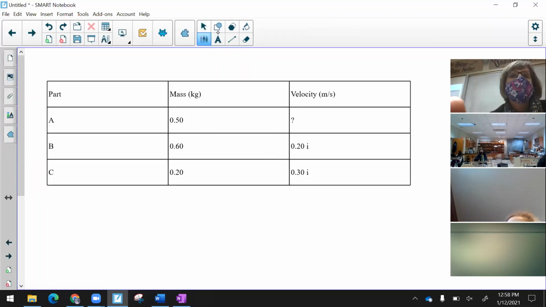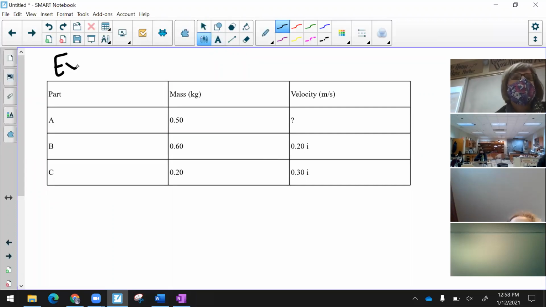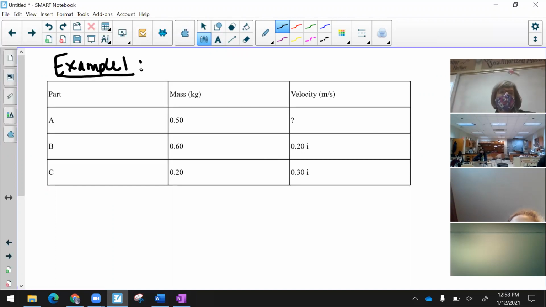Okay, so I don't know, I have my table. It's not in color and I can't make it bigger or smaller. So there's no friction, which means we really don't have any external net forces. This is all happening on probably a table or the floor.